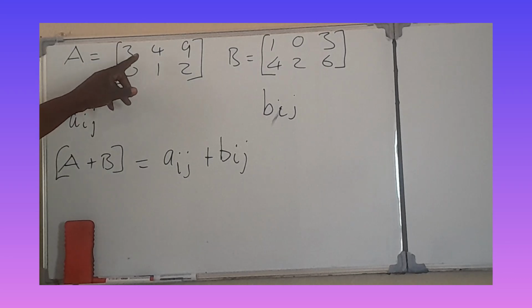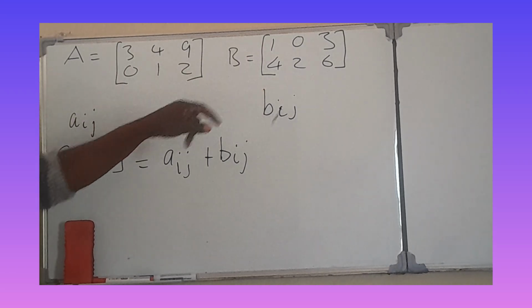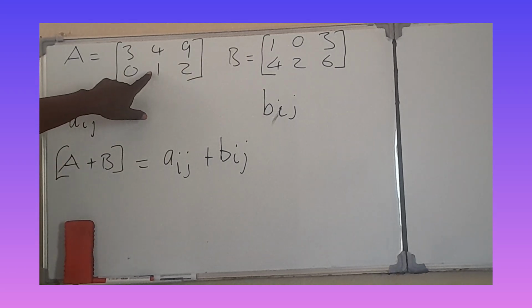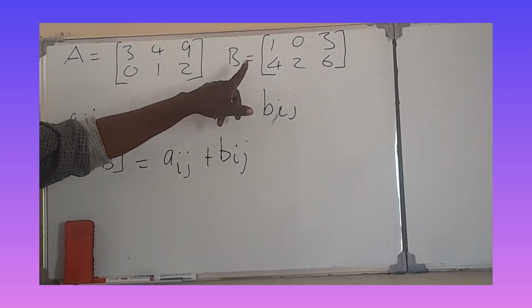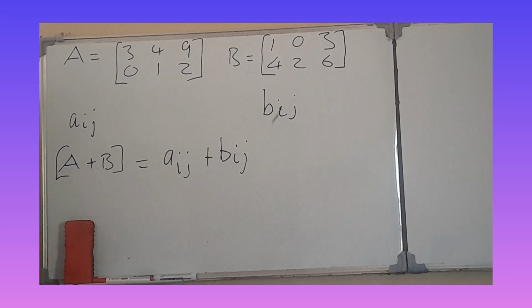Our 3 here, which is in row 1 and column 1, should be added to B, row 1, column 1. Our 1 here, which is row 2, column 2, must be added to an element in B in row 2, column 2, which is the 2 there. So that's your addition in terms of the double subscript notation.